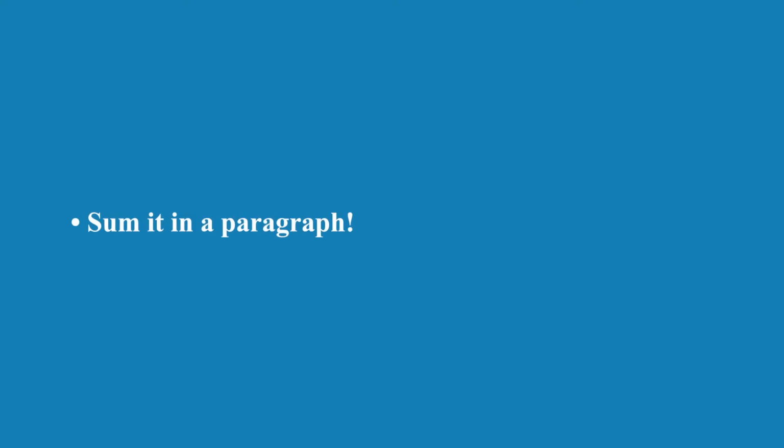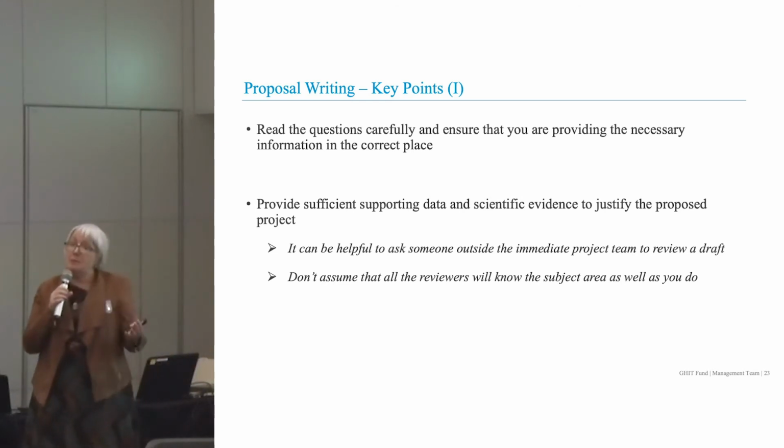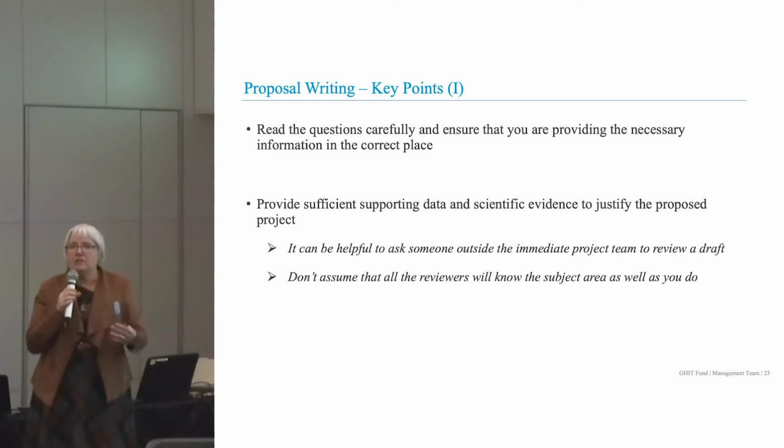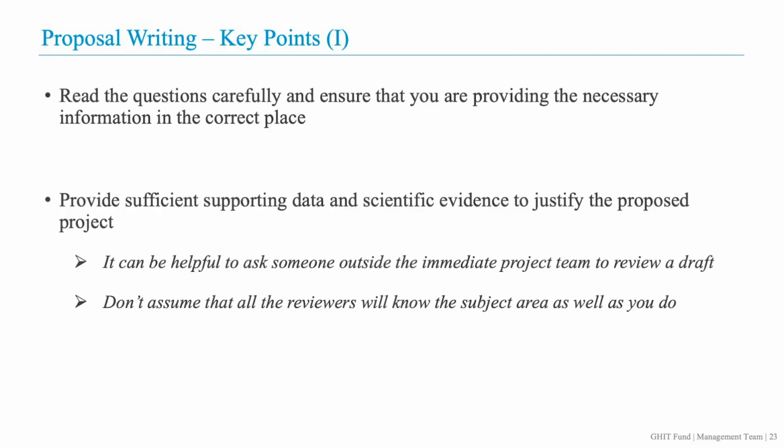Don't give me pages of information talking about the background to the target, if you can sum it up in a paragraph. So many applications, I think perhaps people who are less confident about writing a proposal think that writing a lot helps, but it doesn't if it doesn't tell me much more than I could find out in a paragraph. You need to provide sufficient supporting data and scientific evidence to justify your proposed project.